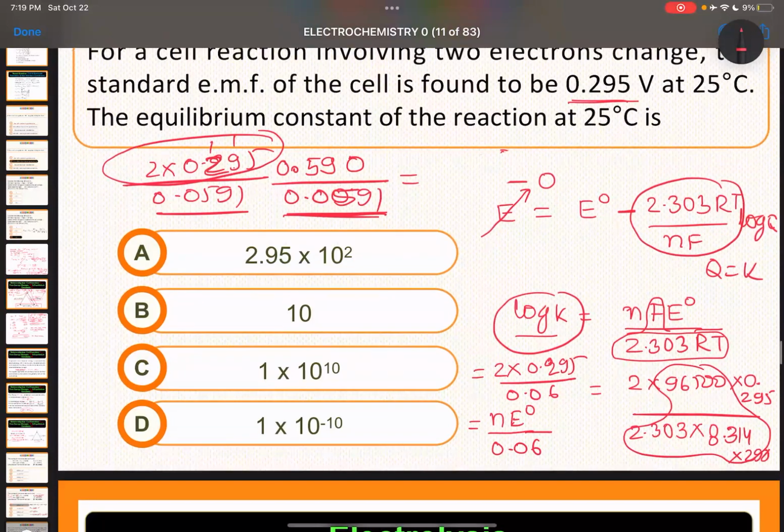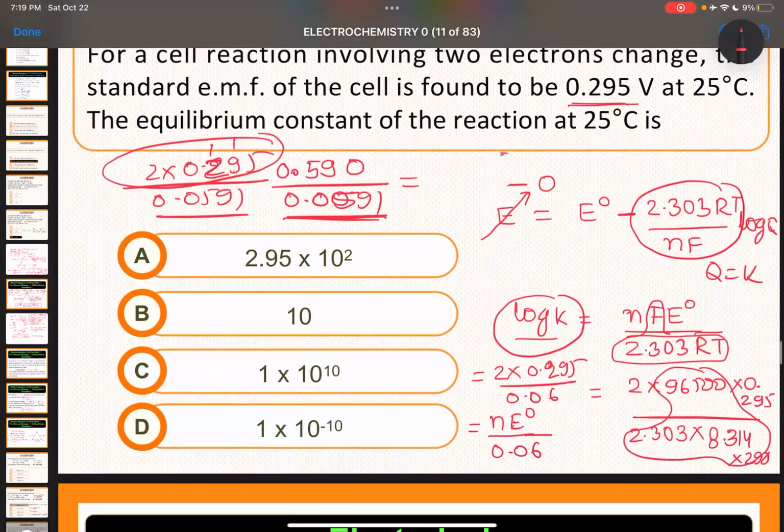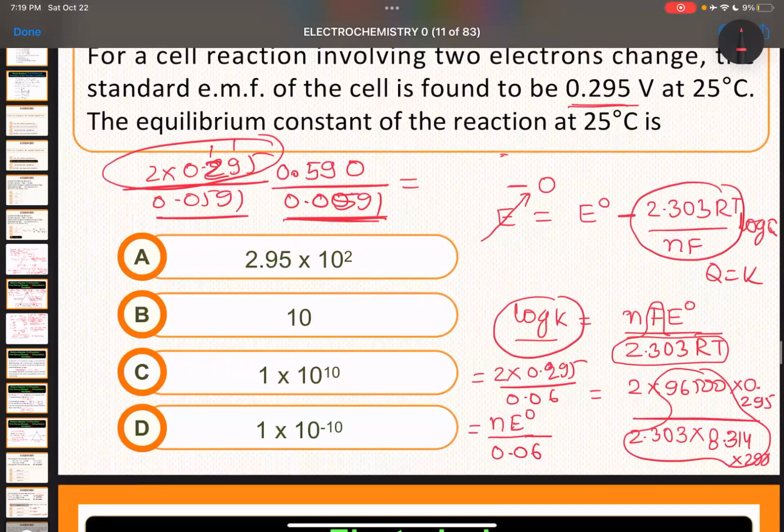What's going to be the value? Yeah, Memuna. Option number A. Yeah, it is option A.